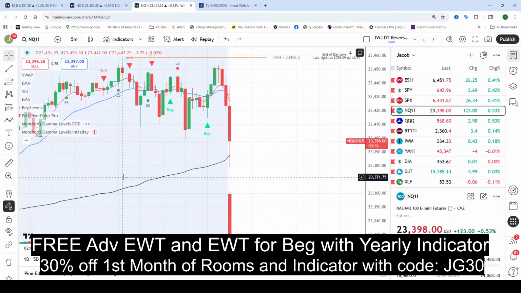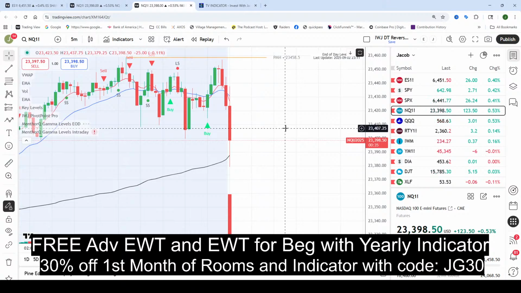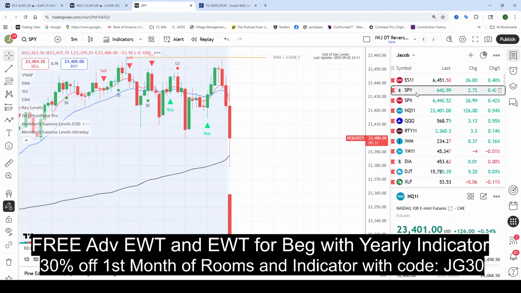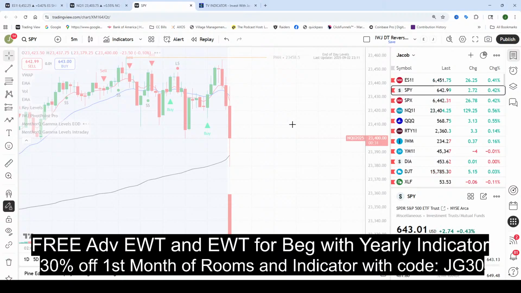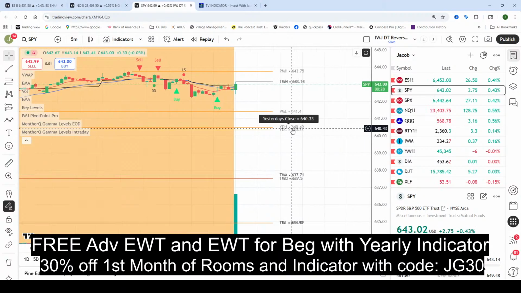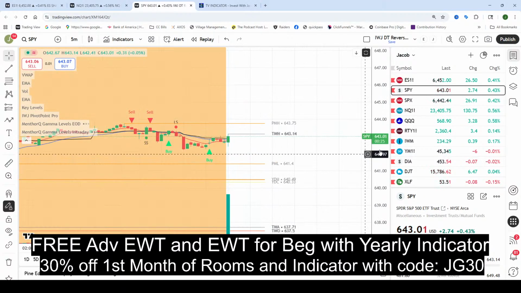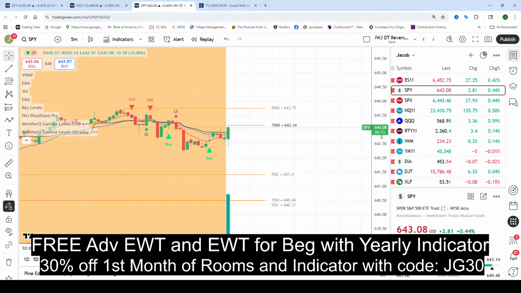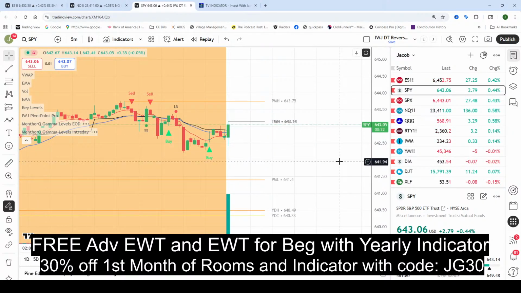But as of right now, you are looking at two markets going in different directions. Big red bar here. If we go back over to the SPY, you'll see a big green bar. So when that happens, you tend to have a choppy market until they sync back up. So the indicator will keep us out of trades here for now.